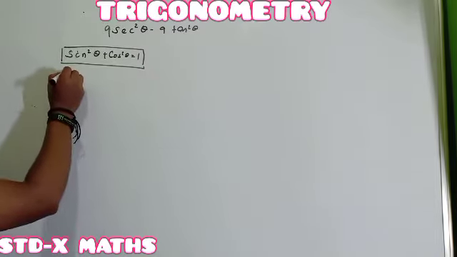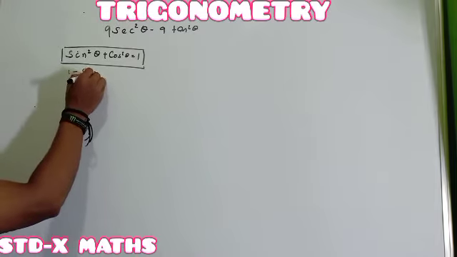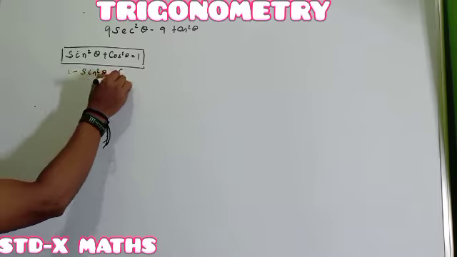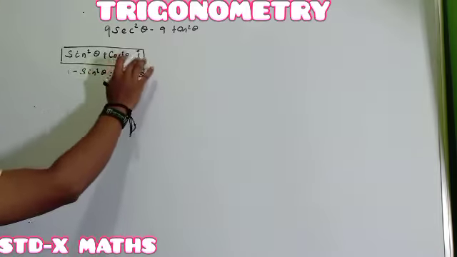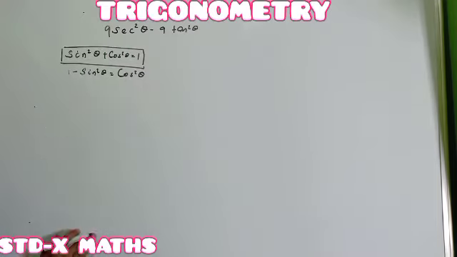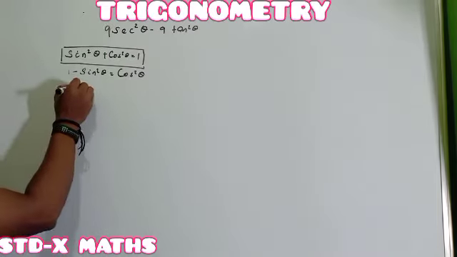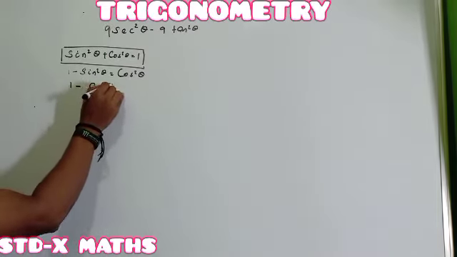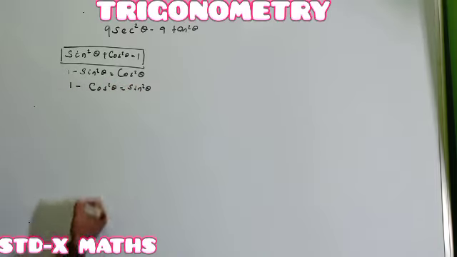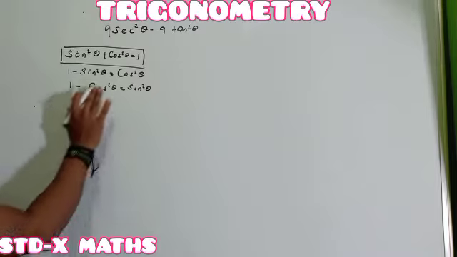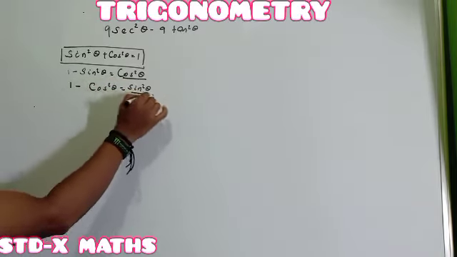It means 1 minus sin square theta is cos square theta. Another one: 1 minus cos square theta is sin square theta.